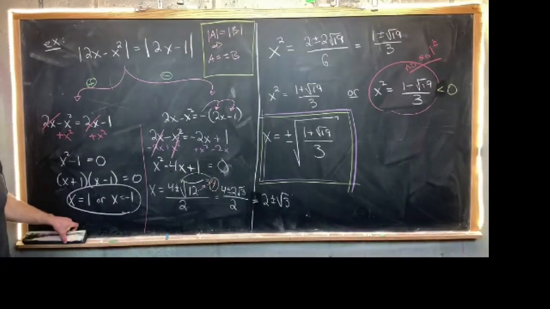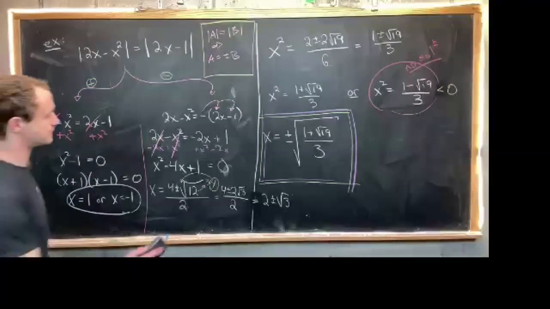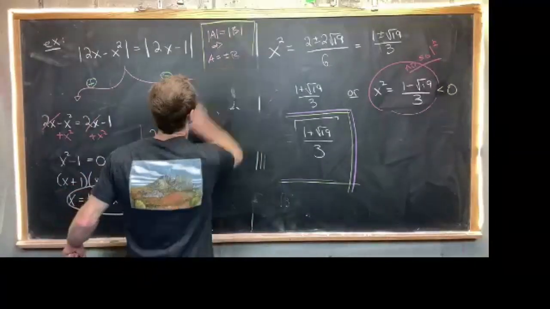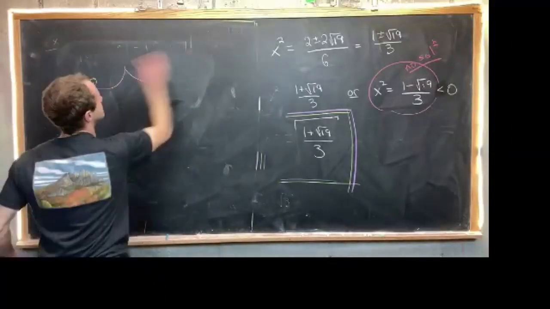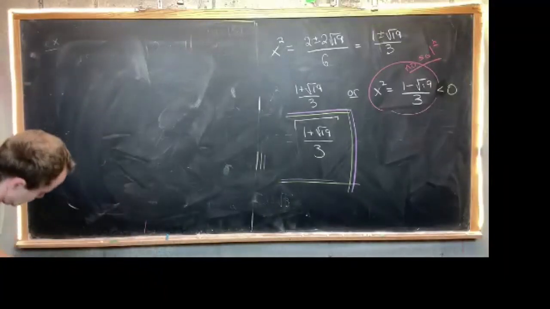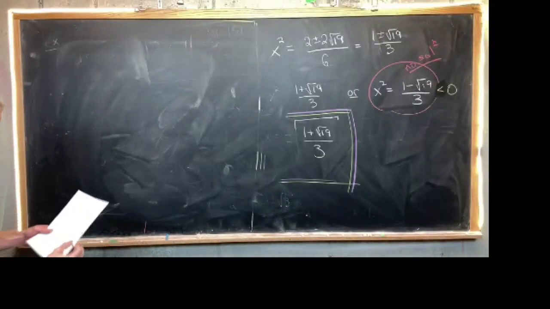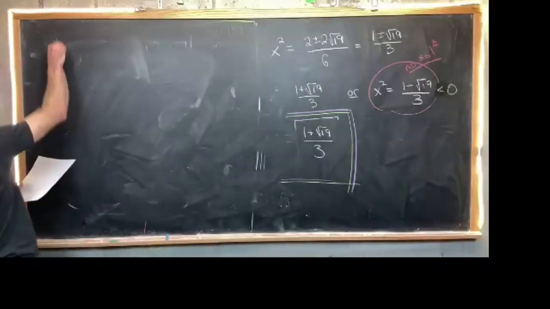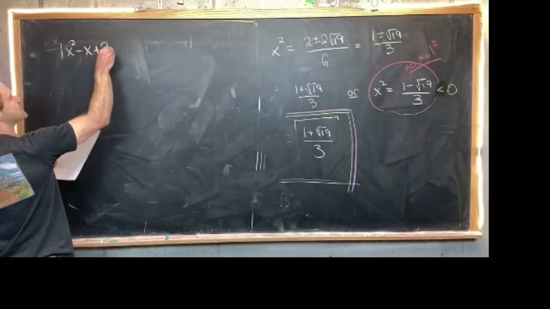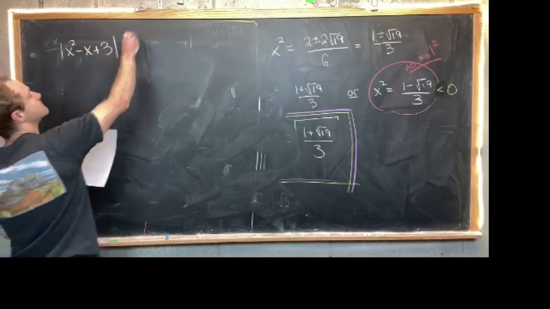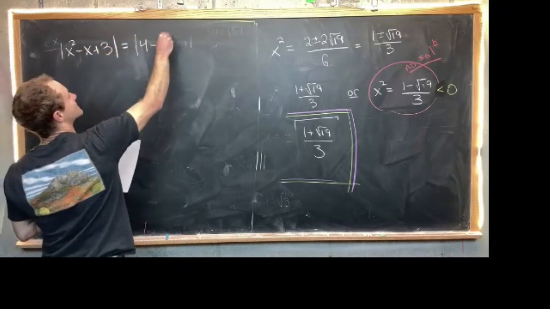Okay, so here, let's... We don't really have time to sit and try this one, but let's maybe look at this. x squared minus x plus 3 equals 4 minus x squared.